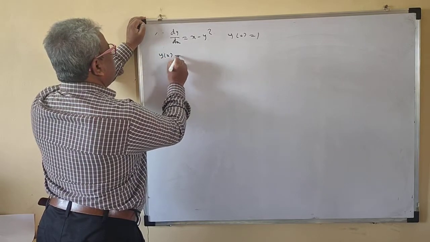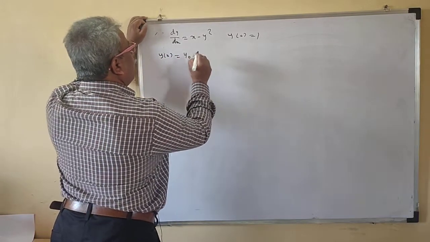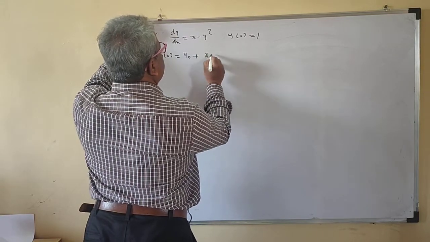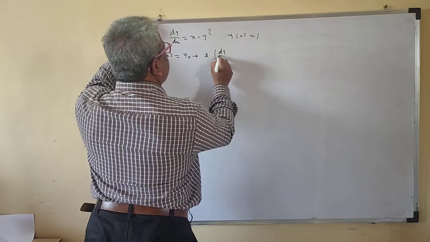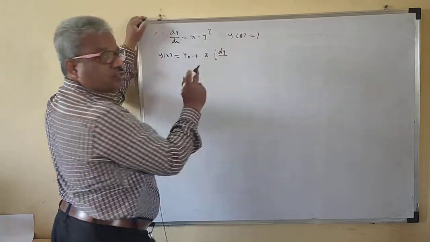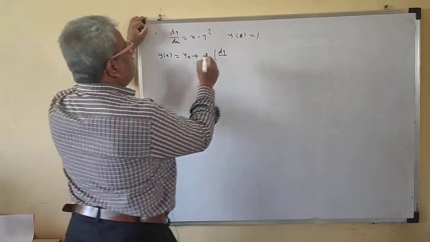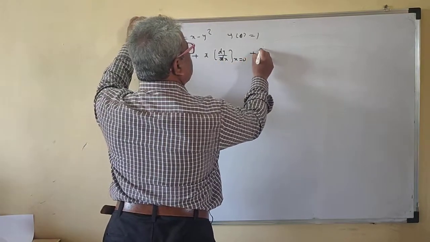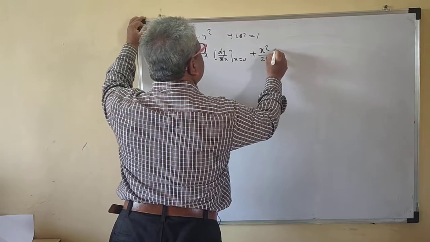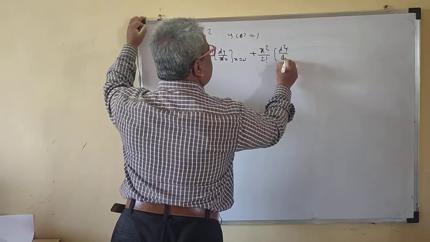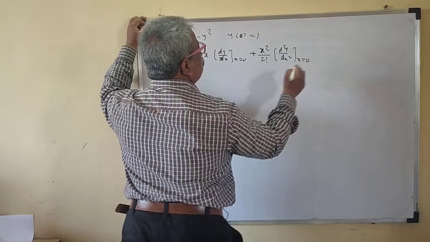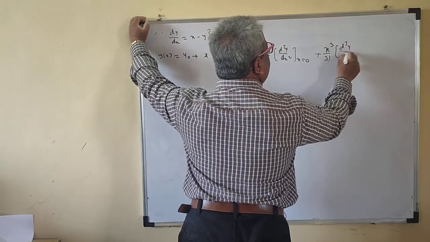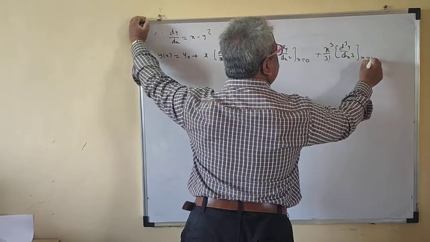y of x is equal to y naught plus x into dy by dx at x is equal to 0, plus x square upon 2 factorial d2y by dx square at x is equal to 0, plus 1 upon 3 factorial x cube d3y by dx cube at x is equal to 0.